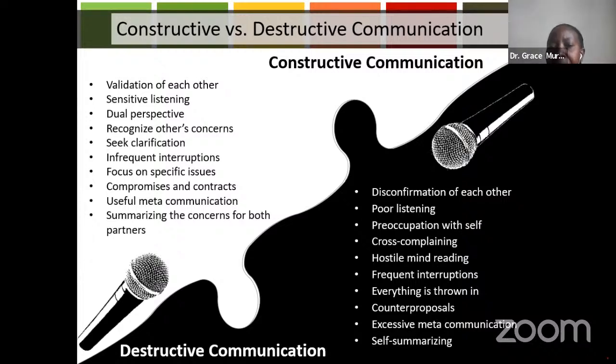Preoccupation is about you. I, not we. You know, you want things your way. Complaining means when this person complains, instead of listening to what they are saying, you also complain. Basically, every complaint from the other person is also faced with a complaint on your side. You will not move anywhere.